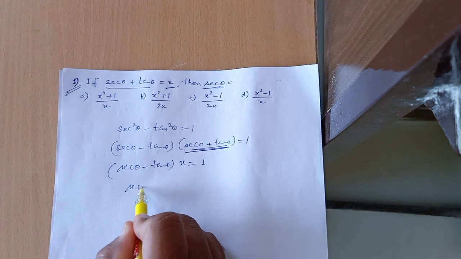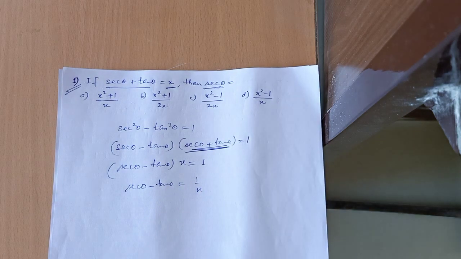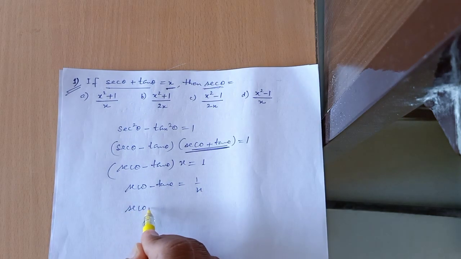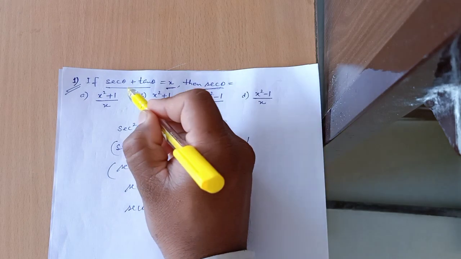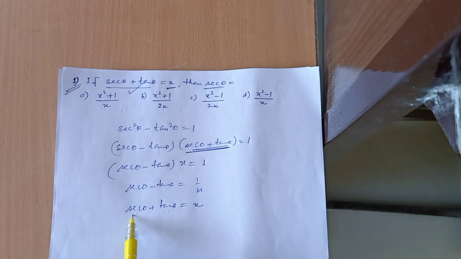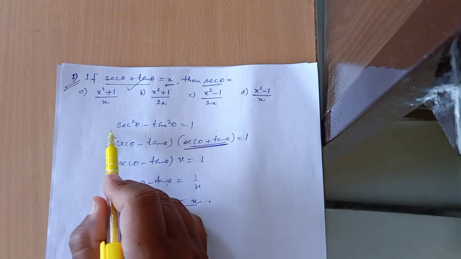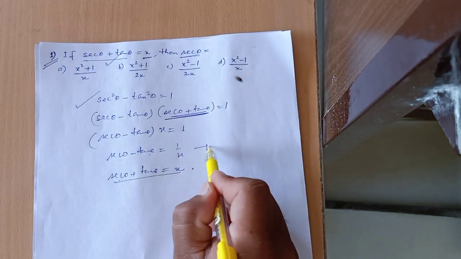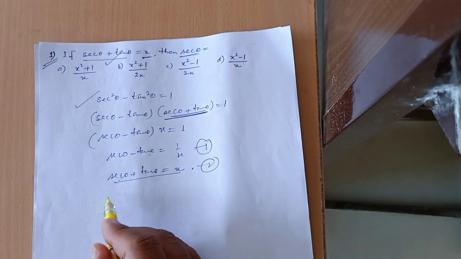So secant theta minus tan theta will be equal to 1 upon x, and secant theta plus tan theta is equal to x. It's given here, secant plus tan theta is x, and secant minus tan theta we have got from the identity. So now you can add first and second.